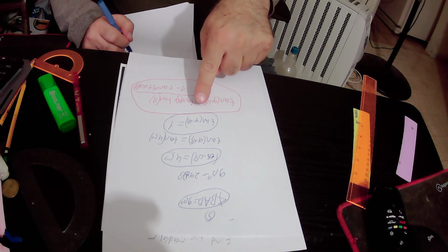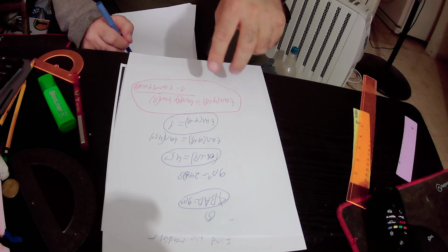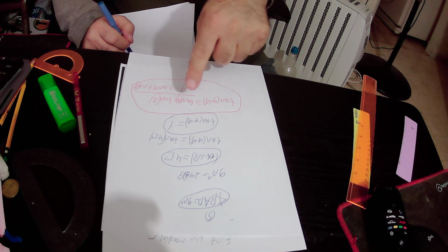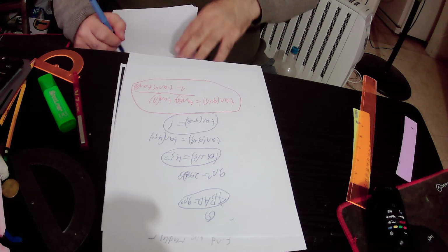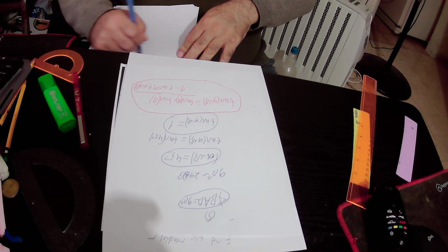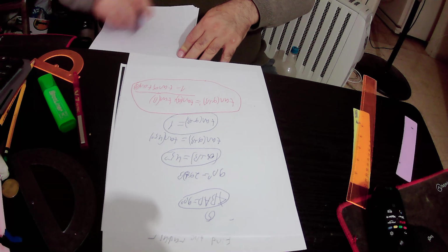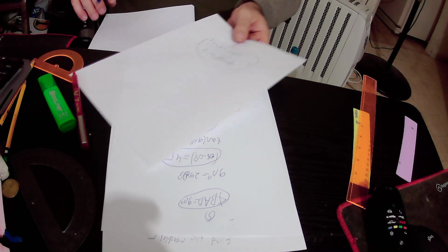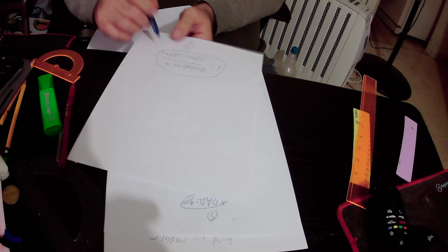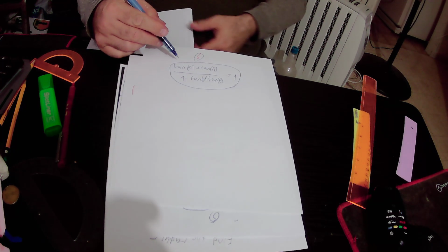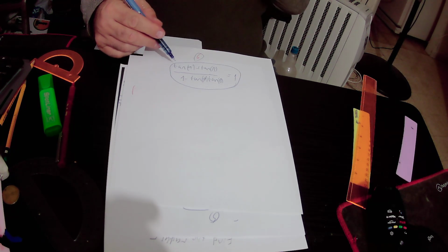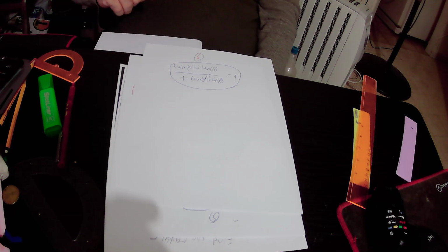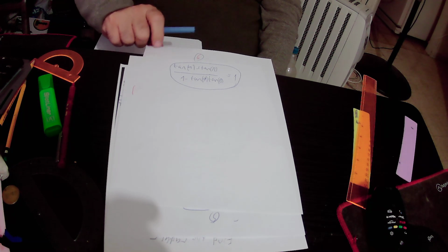According to this equality, tangent of alpha plus beta equals 1, so this expression equals 1. This expression is actually tangent of alpha plus beta according to the trigonometric identity, and we know that tangent of alpha plus beta equals 1.